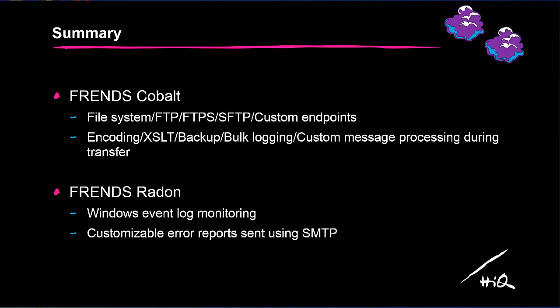So, what we learned from this video. FRENDS Cobalt is a file transfer utility which supports transferring files between different types of systems, or endpoints as we call them. It also supports doing some transformation for the transferred files.